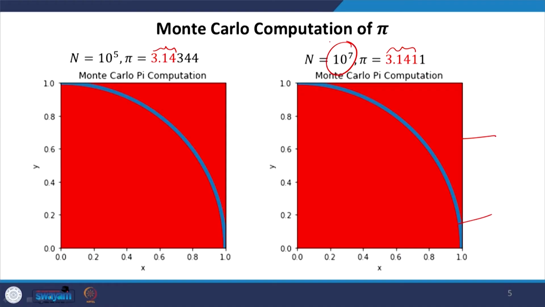But we have 10 to the power 7 points. That's the key idea, and that's quite huge. And then the accuracy is also quite reasonable. And this pretty much tells me that Monte Carlo is an efficient way to sample the space. This is not a thermodynamic example, but nonetheless, you see the beauty of Monte Carlo.